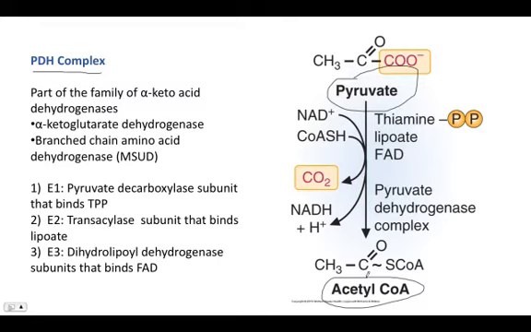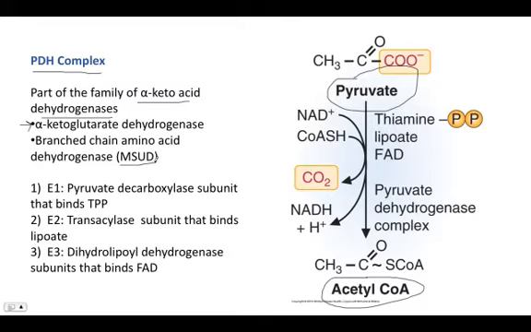This complex is part of a large family of alpha keto acid dehydrogenases. This family of enzymes includes two other enzymes you should take note of. The other is alpha ketoglutarate dehydrogenase, which we'll see in the TCA cycle, as well as the branched chain amino acid dehydrogenase, which we've already discussed in week 6. If you remember, deficiencies in this enzyme are responsible for the presentation of maple syrup urine disease.